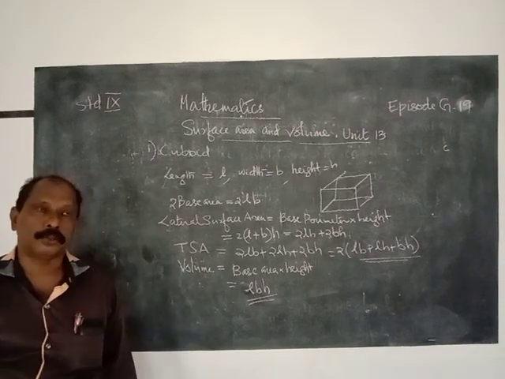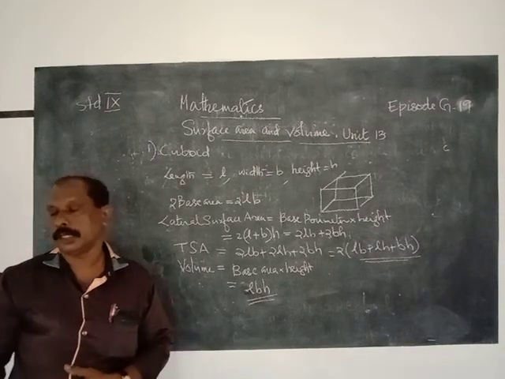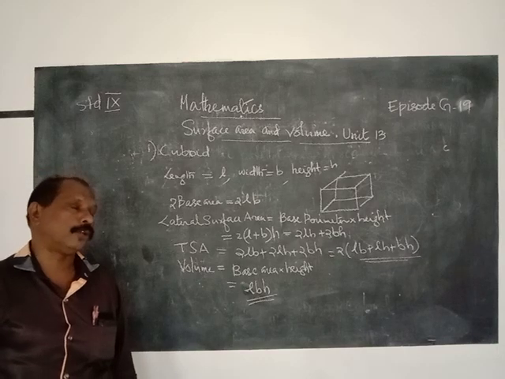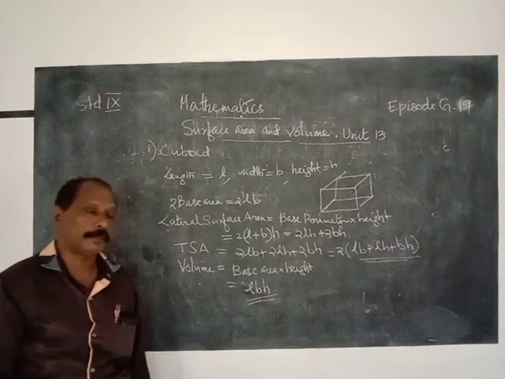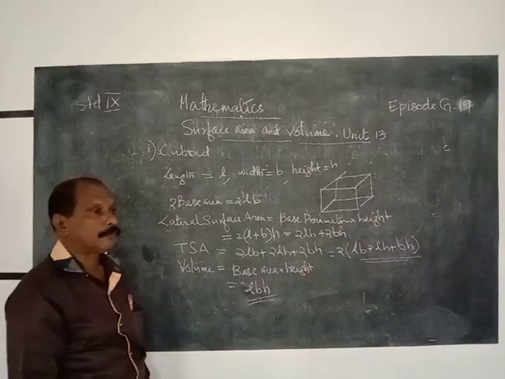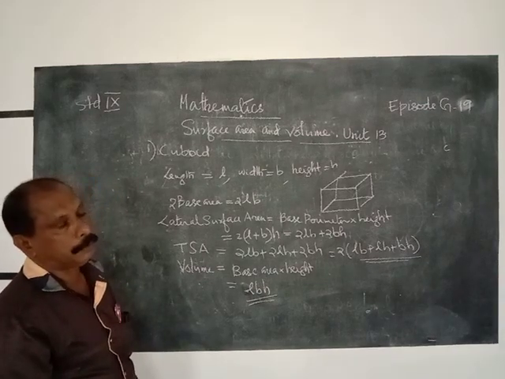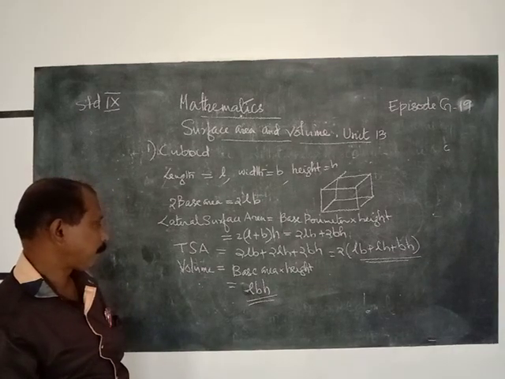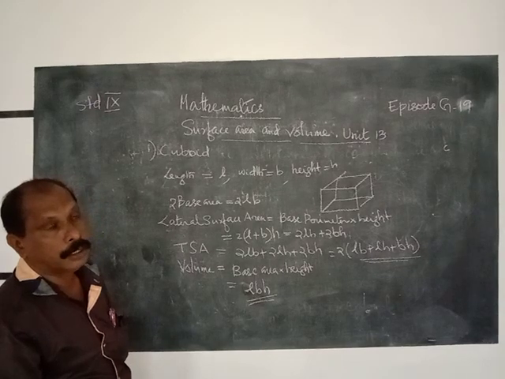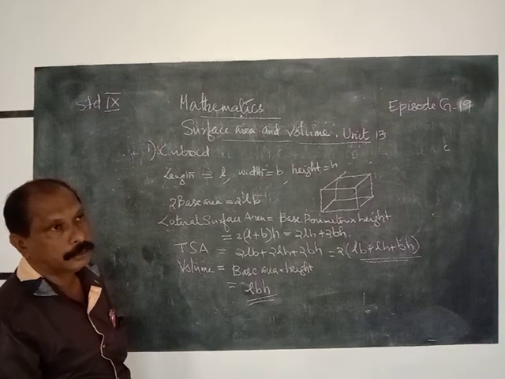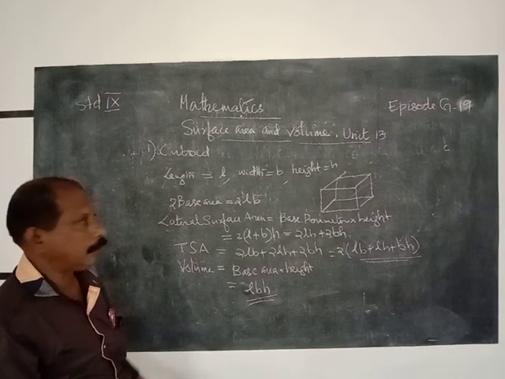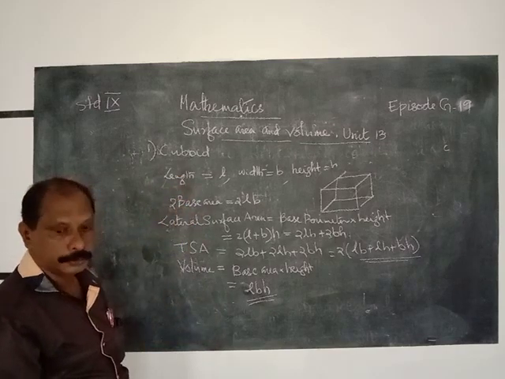Therefore, 2 base area 2LB, lateral surface area 2 into (L plus B) into H, that is 2LH plus 2BH. Therefore, total surface area is equal to 2 into (LB plus LH plus BH). And the volume is equal to L into B into H. That is base length into width into height is the volume. This is the formula for a cuboid.